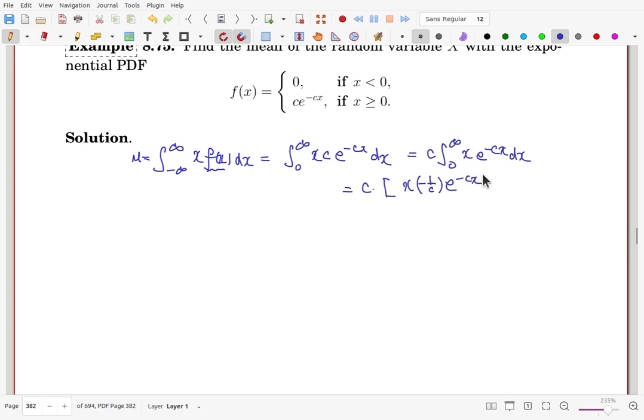And then we have to evaluate from 0 to infinity, and then minus.